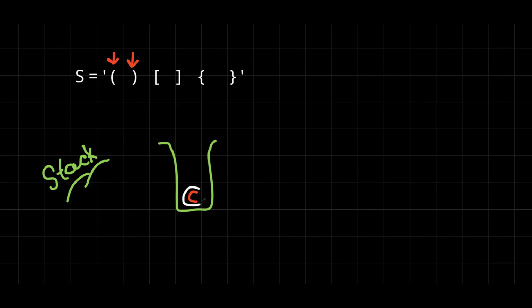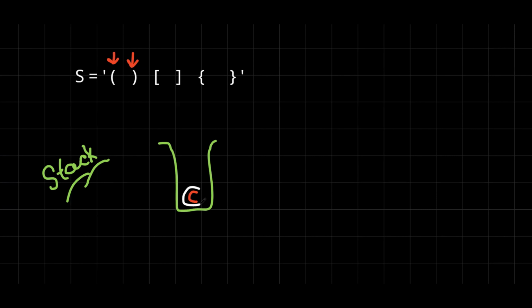So it will form a valid parenthesis, because this opening first bracket and this closing first bracket can be a valid parenthesis. So in this case, we have to simply pop the top element of the stack. So our stack will become empty.